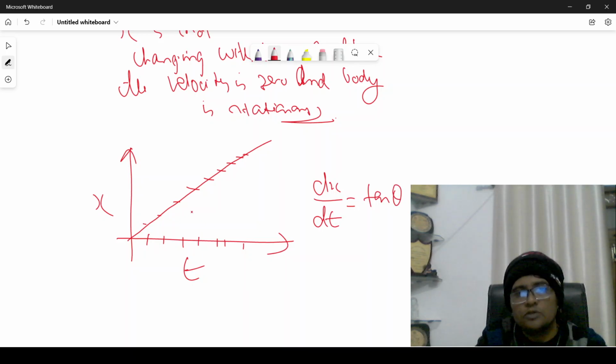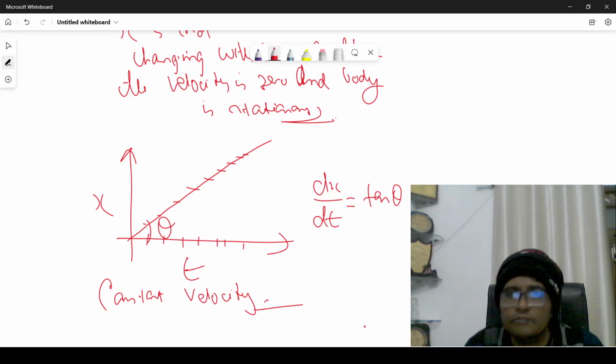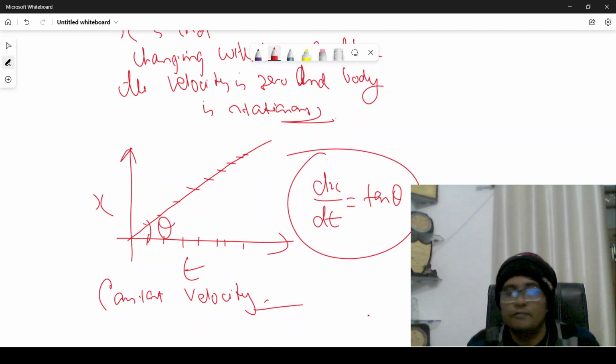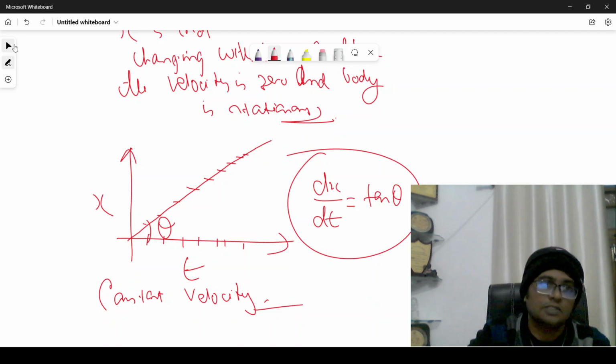And for all the values of t, the value of the angle is same. Hence, we can say that the body is moving with a constant velocity. That is the beauty of differentiation. We can judge the nature of our velocity with this, right?